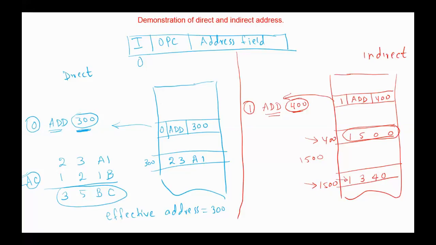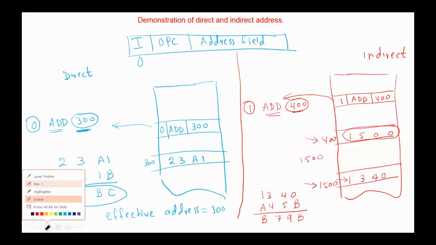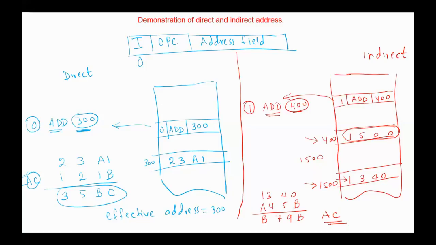Now the contents of location 1500 is 1340, and this is the actual operand that should be added to the contents of the accumulator. Suppose in the accumulator we have the hexadecimal value A45B. Since the operation is add, we will have B97B, and this value will be stored in the accumulator, replacing its old contents.